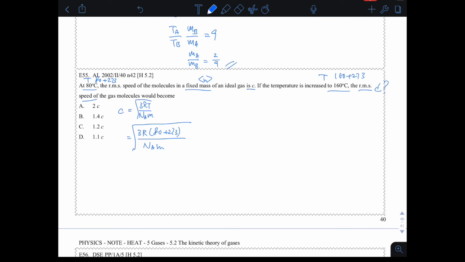We don't know M, but because we are using the same gas, small m is the same. And then the new C is the square root of 3R times 160 plus this times this over this. Alright. Then how to really change this in terms of the original C?